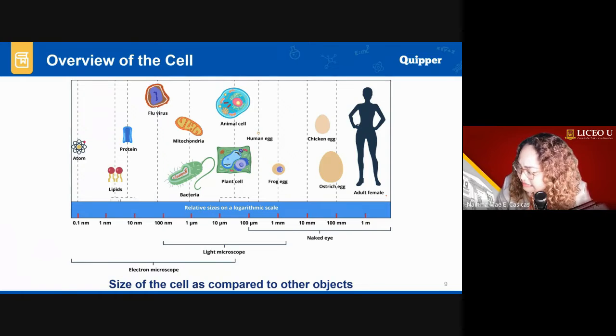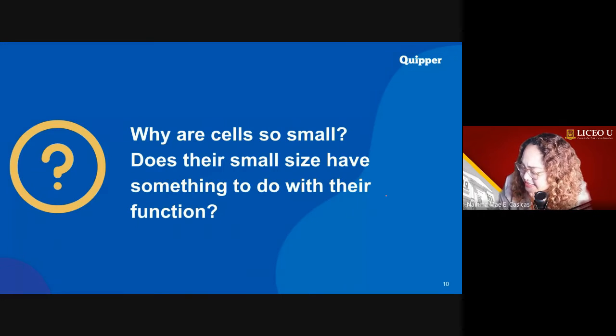What do you think? That's a question. Anybody? Why is it that our cells are very small? Di ba pwede nga dako? Like ostrich egg kadako or chicken egg kadako. Why is it like that?